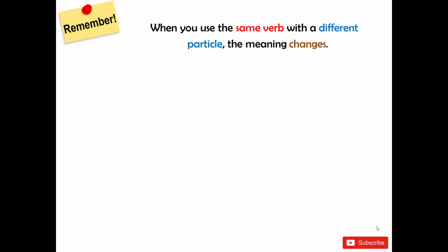So remember, when you use the same verb with a different particle, the meaning changes. For example, put. If we look at the verb put here, it has only one meaning, for example, in Arabic, yada'u.